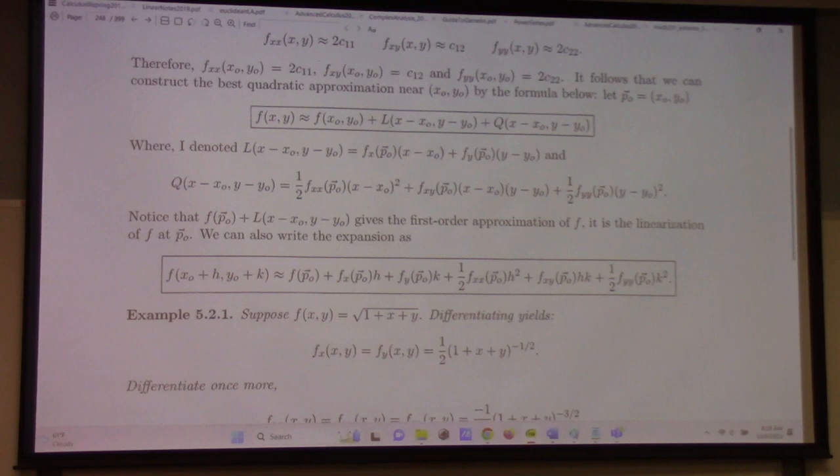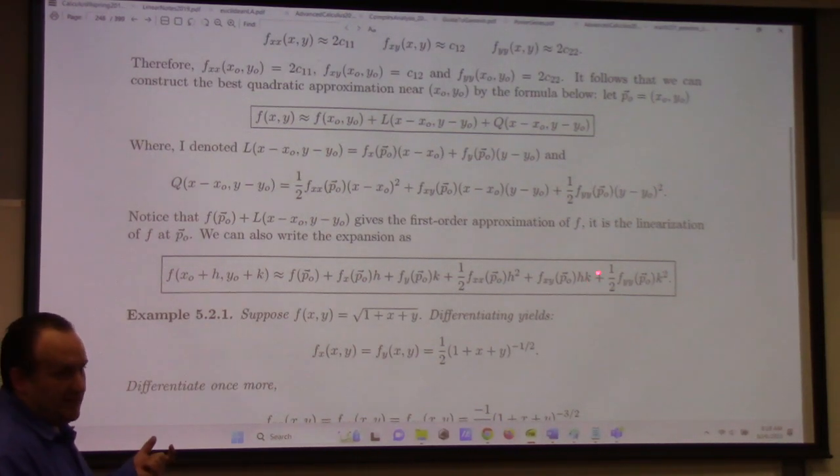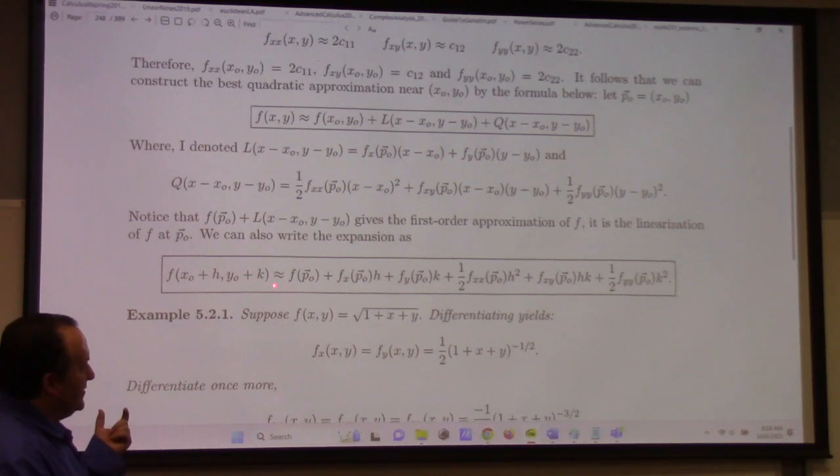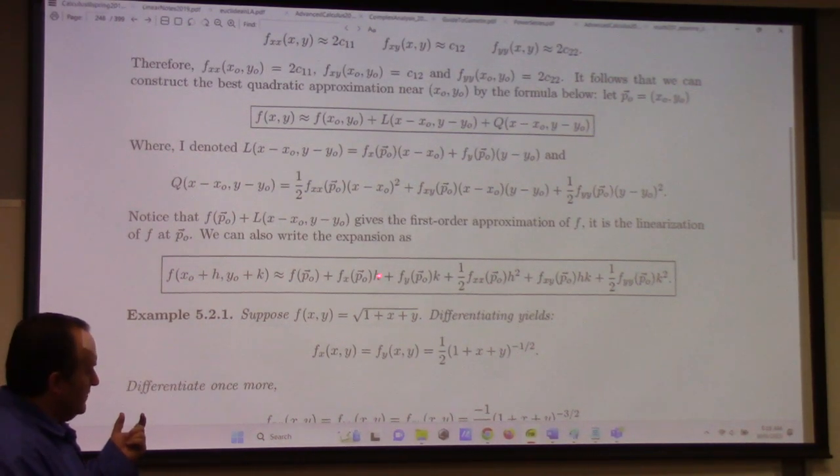It's hard to fit it all in one line using the x minus x naught notation, but if you think of h being equal to x minus x naught, and k being equal to y minus y naught, this is what the formula for the power series looks like up to second order. So remember, this is x minus x naught, that's y minus y naught.